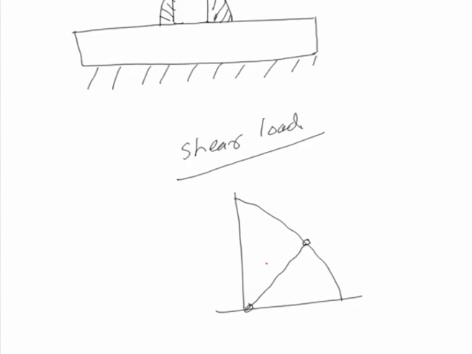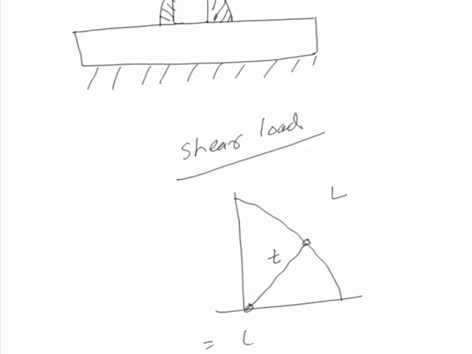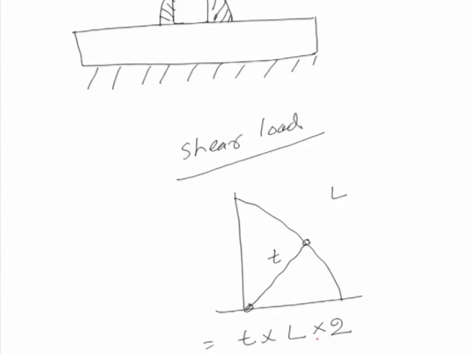Say this is the throat thickness T and the length of the weld is L; then T into L gives the load resisting cross-sectional area for one weld. Since we are depositing fillet welds on both sides, the total load resisting cross-sectional area for this kind of joint will be 2 into T into L, where L is the length of the weld and T is the throat thickness of the weld.